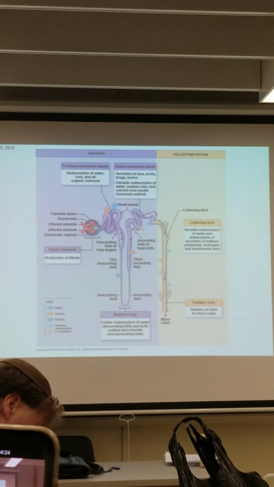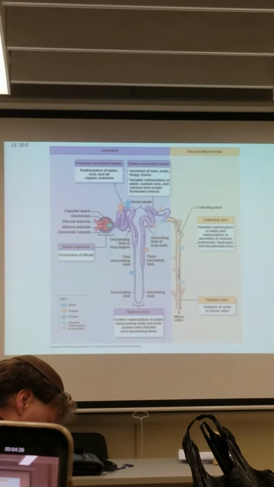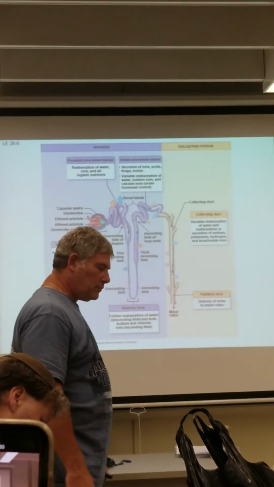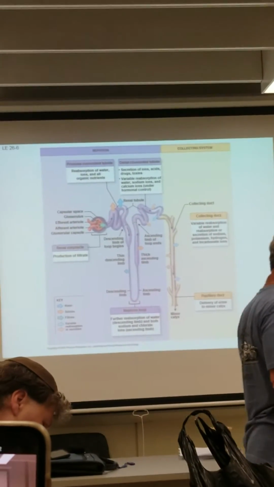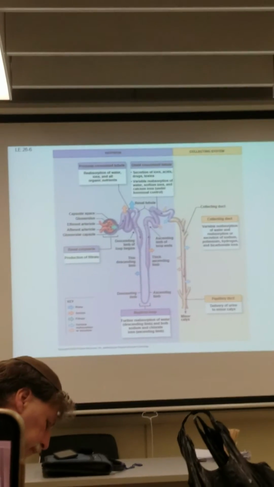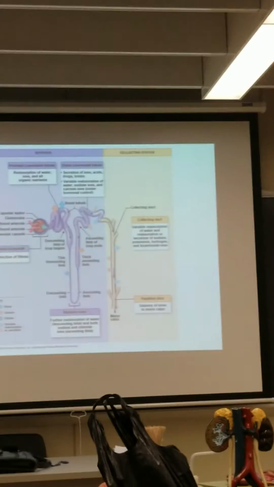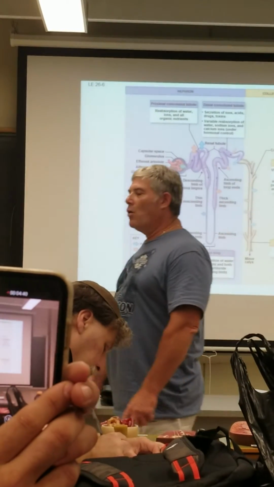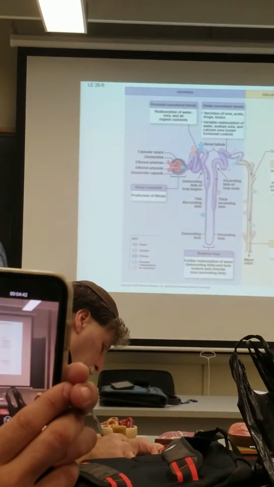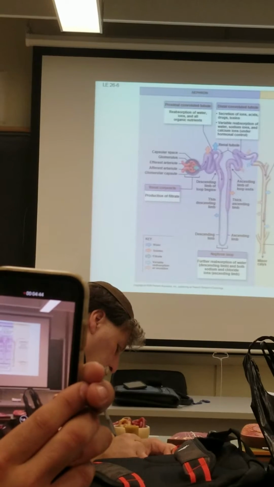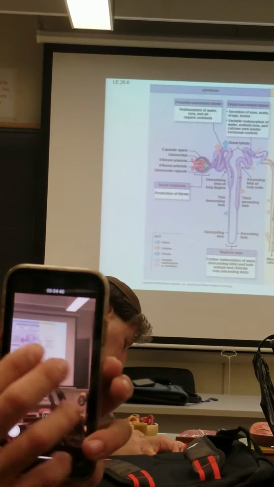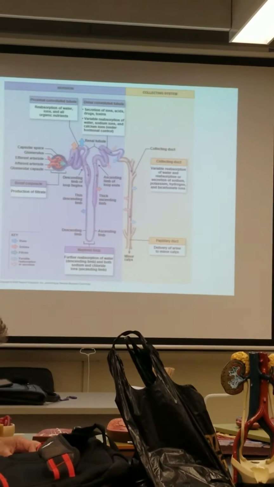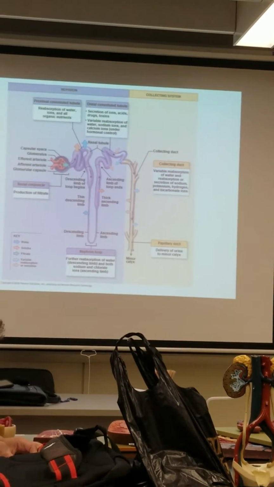Renal corpuscle, guys, looks like a grape. Okay? It is also called Bowman's capsule. Okay? Bowman's capsule. It is also called the renal capsule. I like renal capsule. Okay?